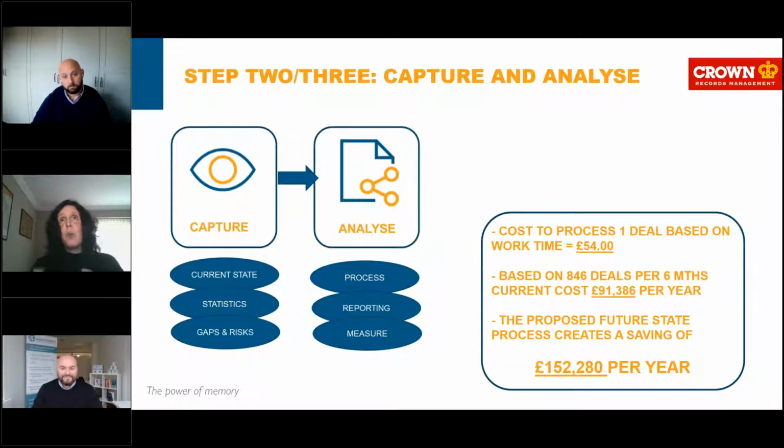So depending on the service you're doing, an AP process will be very much around getting the right information off the invoice, routing it to the right person for approval, or even taking out that approval step and doing it automatically if it matches. So usually the rework, or having to go back and get more information, is a very costly element.